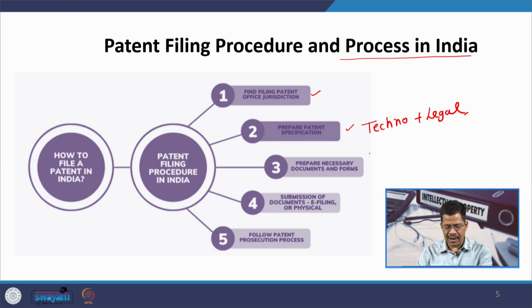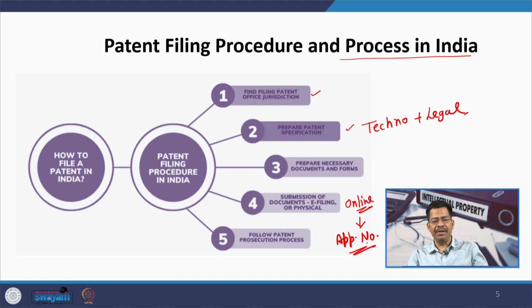These days we go for online submission of the application, and as soon as you submit your application, you get an application number. This is an instant activity. You click submit and you get the application number, and the important thing is that all benefits of the patent start from this application number date.